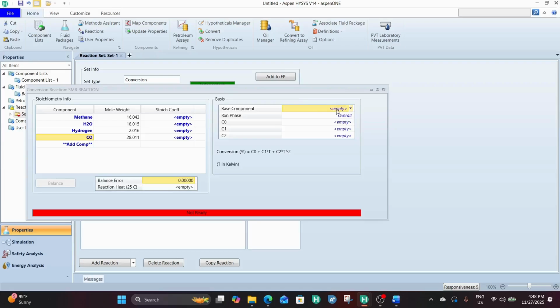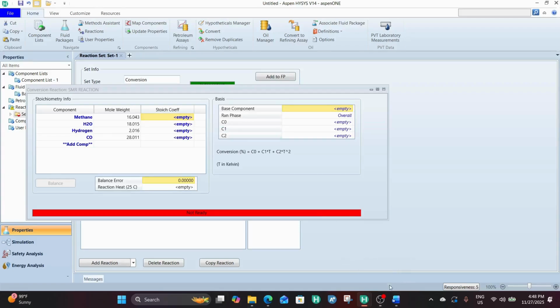A base component is the component that you use to measure the progress and the rates of your reaction. For our case, it's going to be methane. So we're going to specify methane as the base component. Let's specify our stoichiometric coefficient firstly.